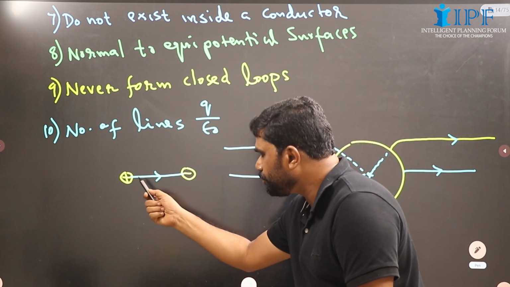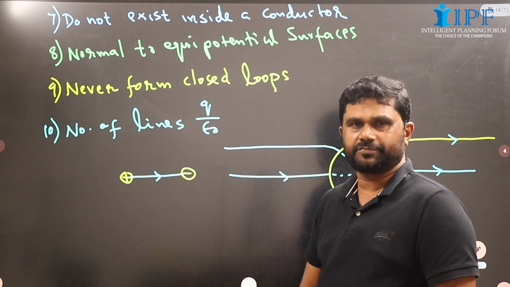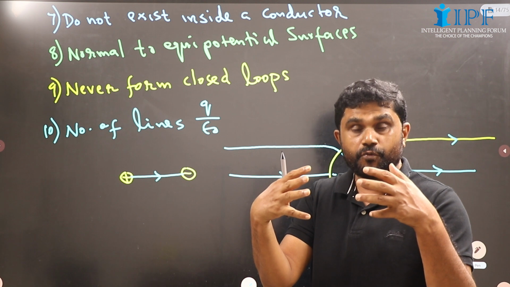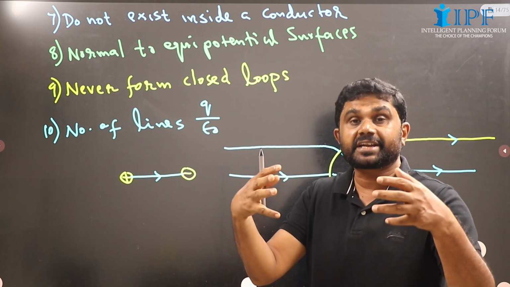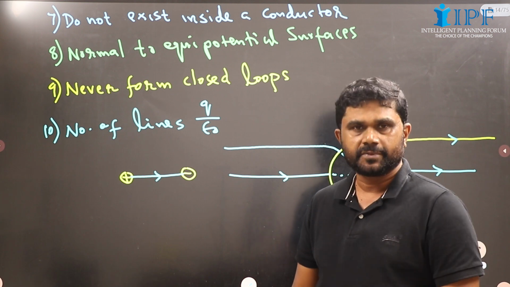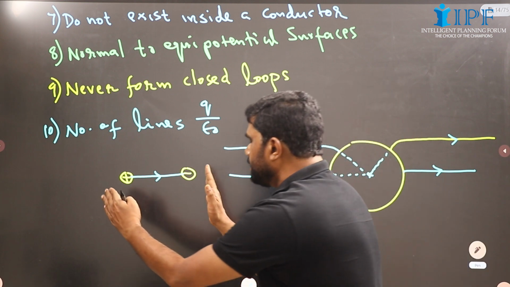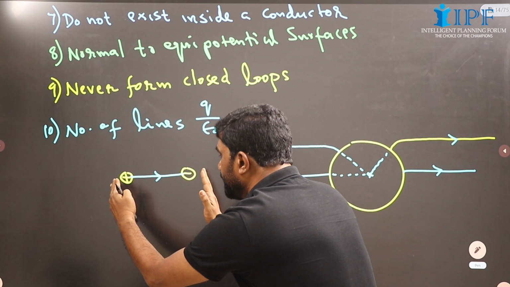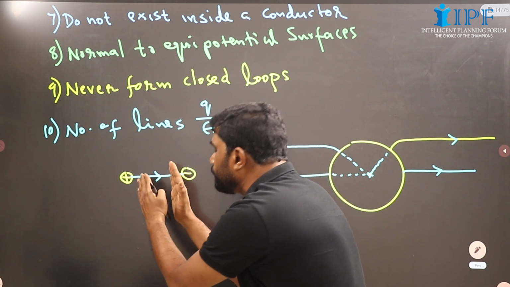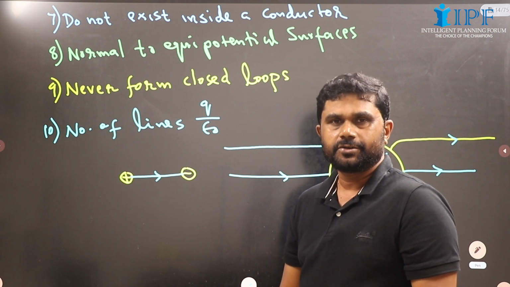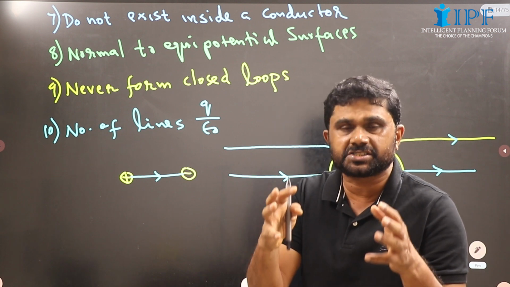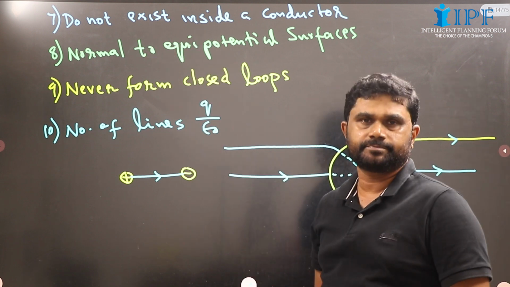That is what is meant by they tend to contract longitudinally, meaning lengthwise. This means the positive and negative charges will move towards each other. So the attractive property of dissimilar charges is explained by this.